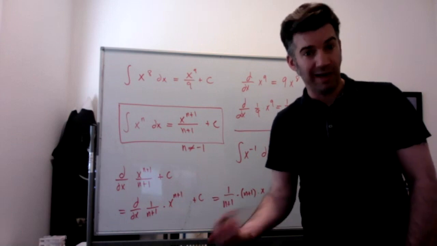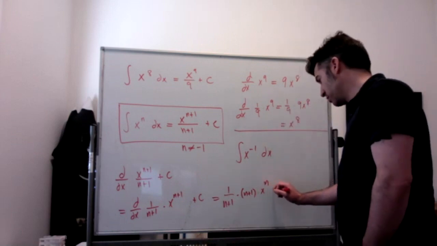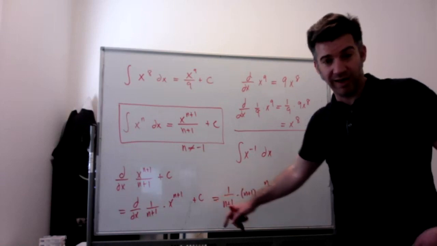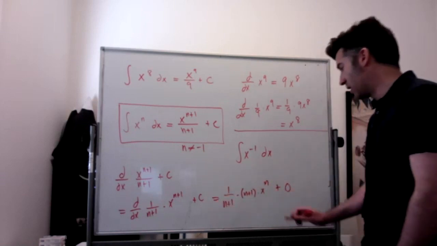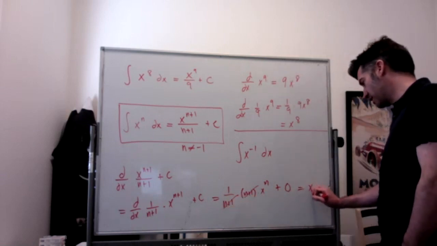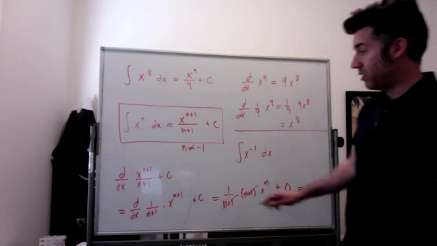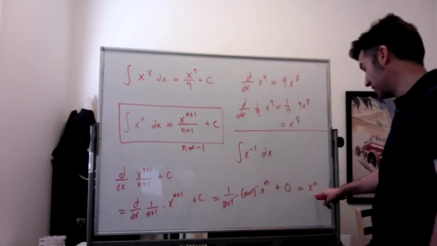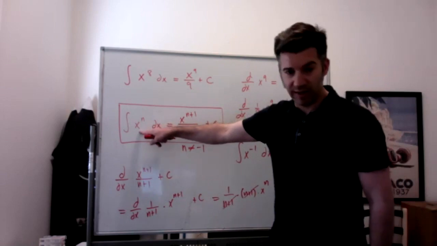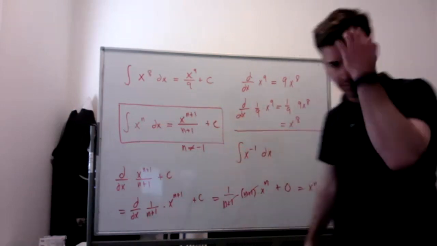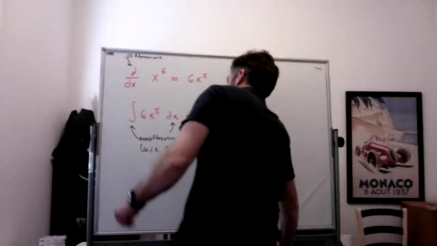And n plus 1 minus 1 is just n. And the derivative of a constant by itself without being multiplied by any function of x is just 0. And look, the n plus 1s cancel out, and you totally get x to the n. So the derivative of 1 over n plus 1 times x to the n plus 1 is equal to x to the n. The antiderivative of x to the n is x to the n plus 1 over n plus 1 plus c. So great, we can use this rule to do all sorts of things.